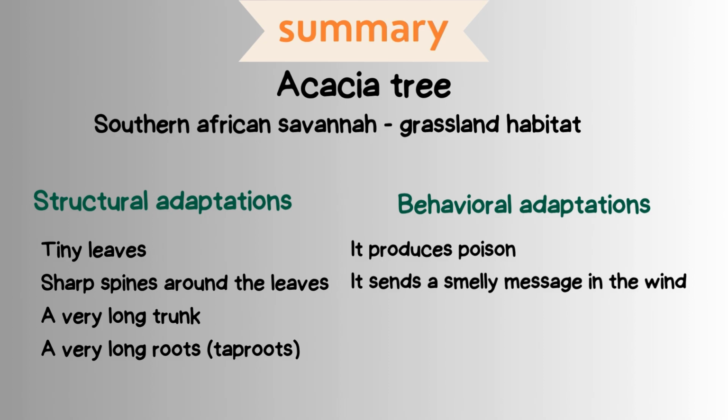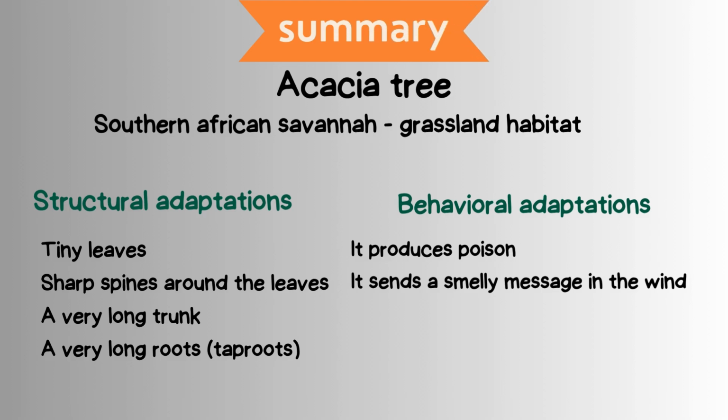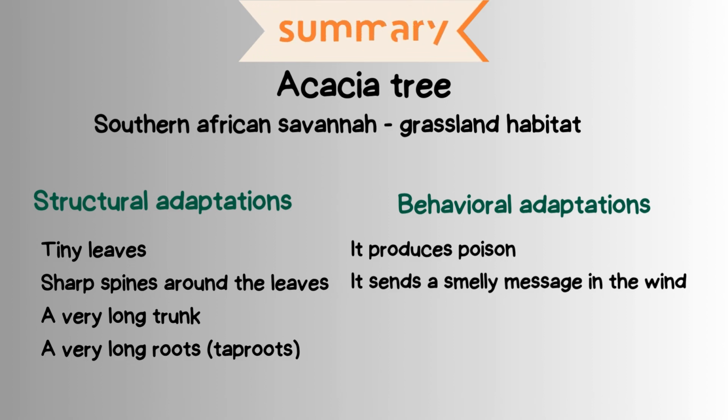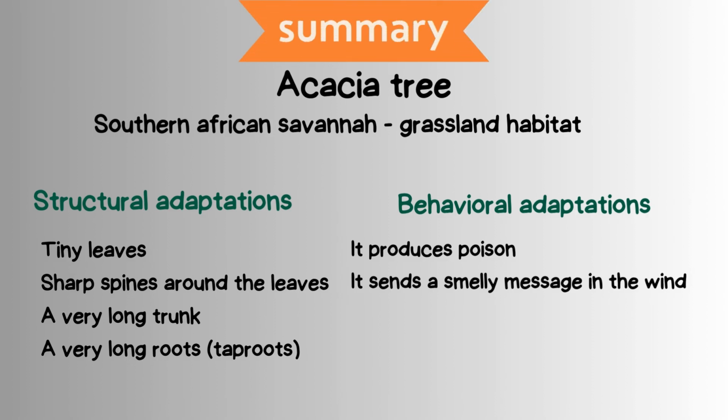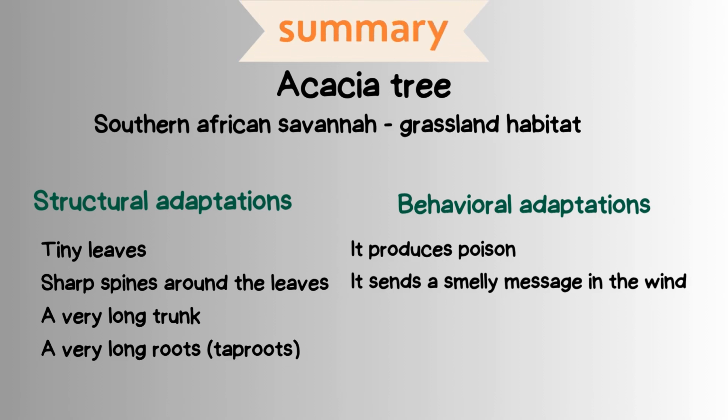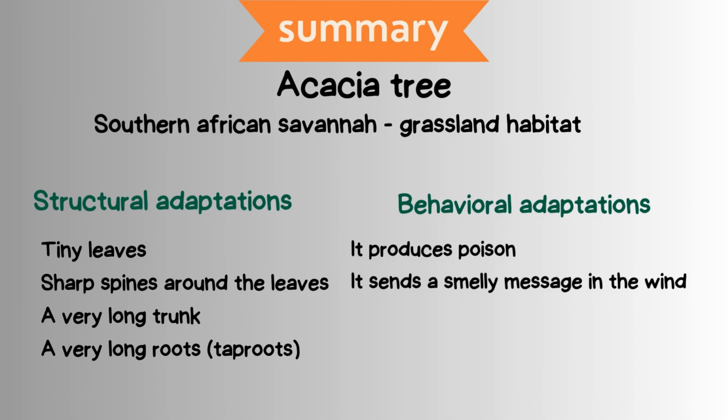And the behavioral adaptations for this tree, it produces poison, and it sends smelly messages to other acacia trees nearby, telling them to produce this poison when there is danger, as animals try to eat its leaves. So it sends this message to warn other acacia trees to produce the poison.